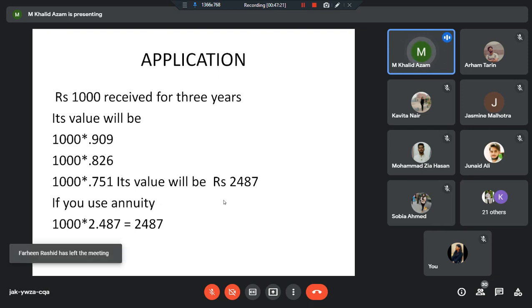For the purpose of this calculation, we will be using this annuity table, because it is going to tell you how much interest is being charged, and how much of the principal you are going to pay. So the annuity value, or the present value of an annuity factor, will be used for calculating how much amount you will be able to pay every year, and how much is the interest and how much is the principal payment.